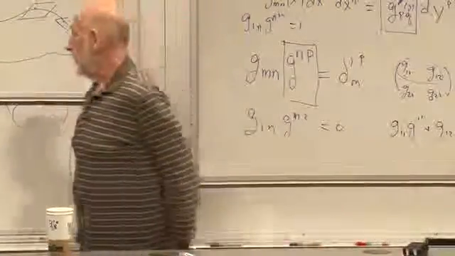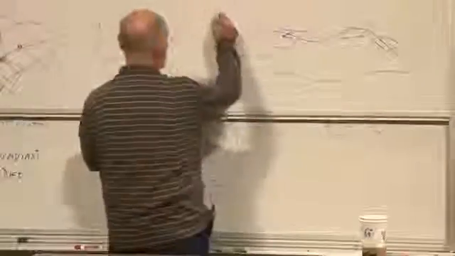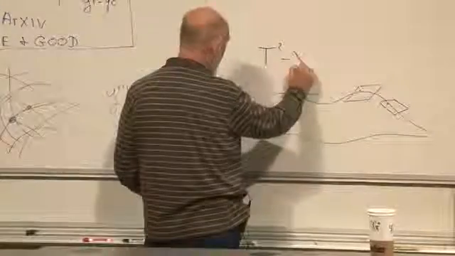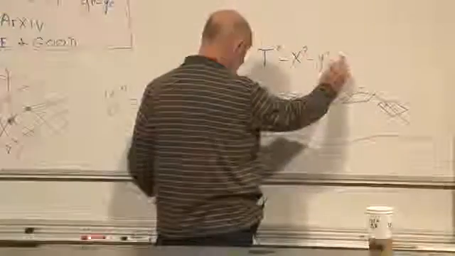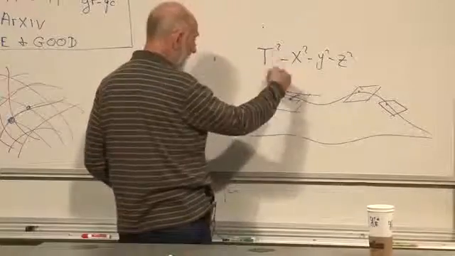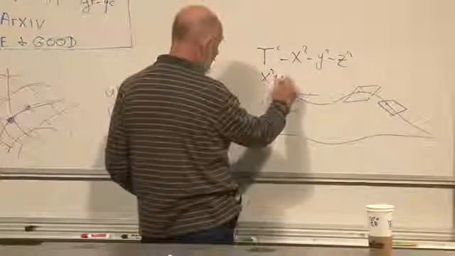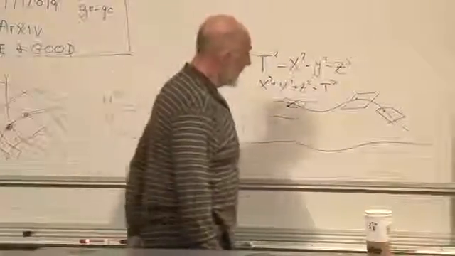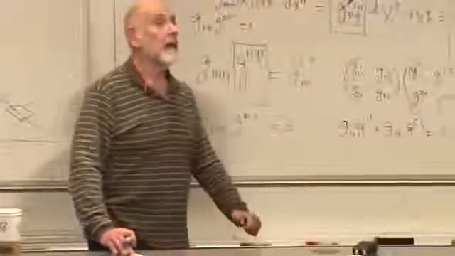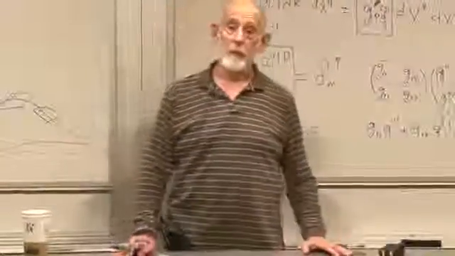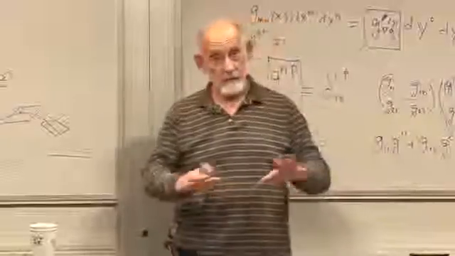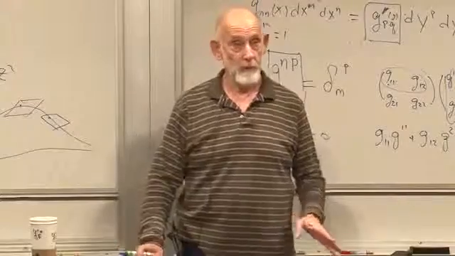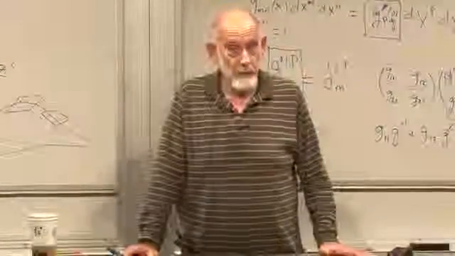Because if you remember from special relativity, the space-time distance between 2 points is t squared minus x squared minus y squared minus z squared, or, depending on convention, x squared plus y squared plus z squared minus t squared. So in general relativity, it's not positive definite. But if we were Riemann, talking about a conventional geometry in which all distances are positive, then the metric would be positive definite.